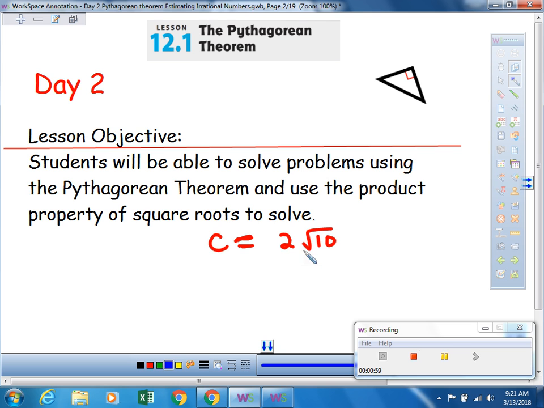So that's how your answer might look. It'll contain a radical sign. And what this means is 2 times the square root of 10. So this is more an exact answer. You're not estimating.